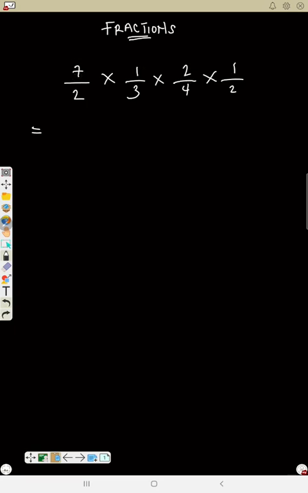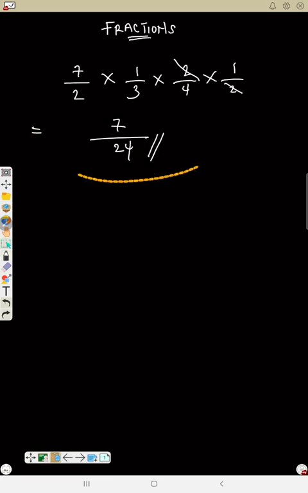Also, if anything can cancel out, you are free to cancel. In this case, the 2 can go here. So 7 over 2 times 3, 6, times 4, 24. This is a proper fraction because 24 is bigger than 7. So now that is multiplication.